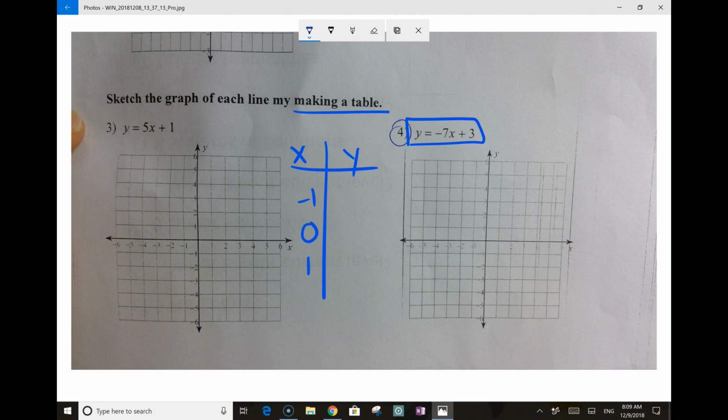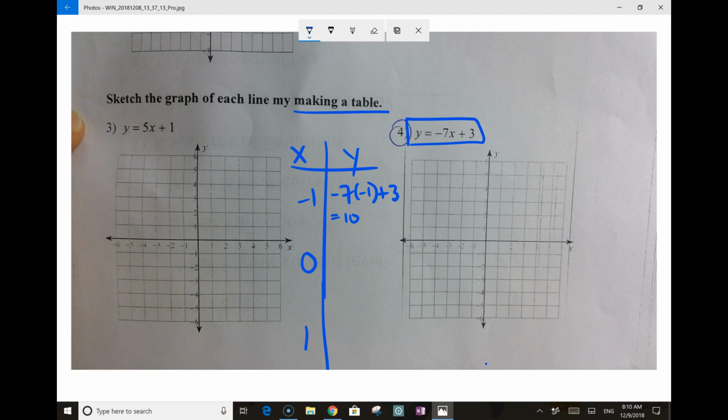So taking the negative 1, what I get is negative 7 times negative 1 plus 3. I'll space it out a little bit so it's not too cluttered. Negative 7 times negative 1 is 7, plus 3 is 10.